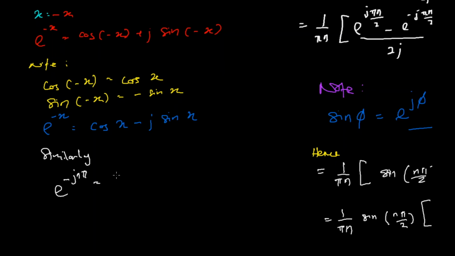Whatever cos I have here, I need to substitute here. I put it as cos n pi, cos n pi. Here we're going to have negative, as we are seeing here, sine. So this is what we are getting.